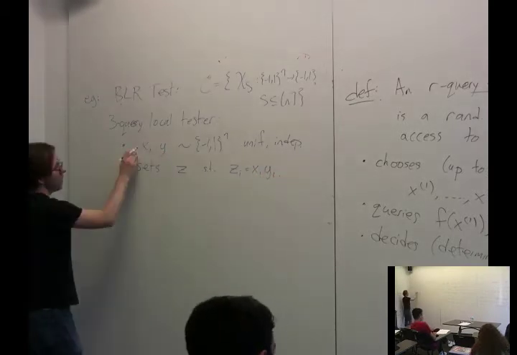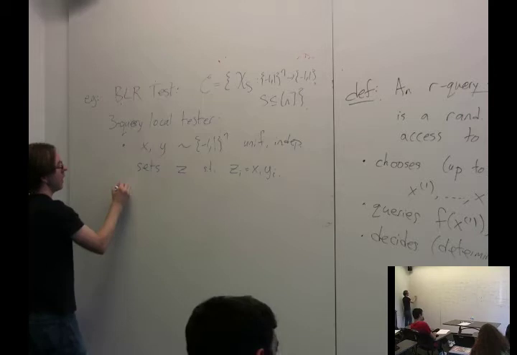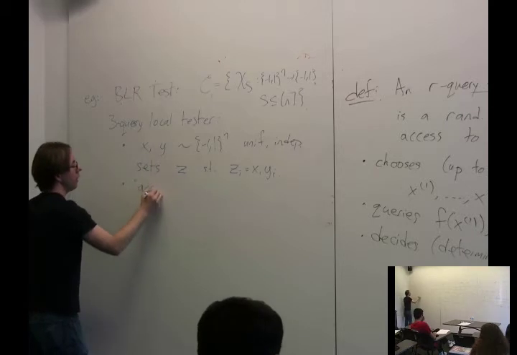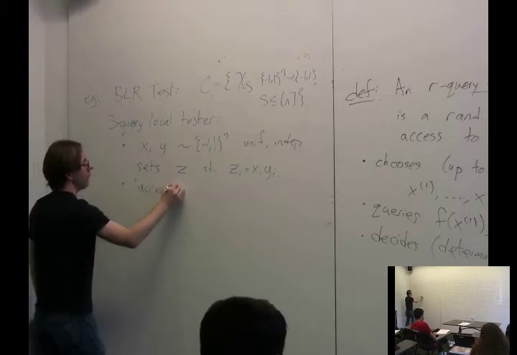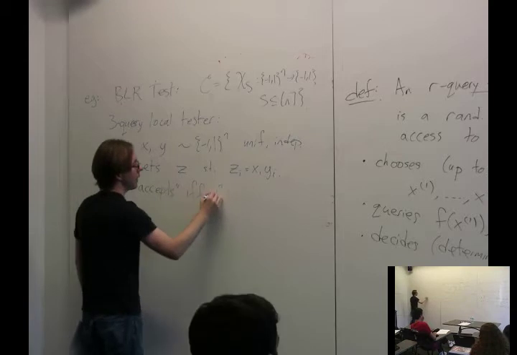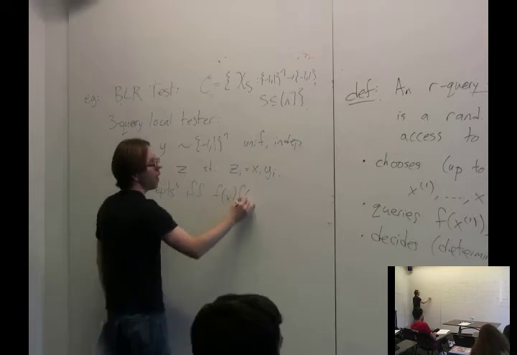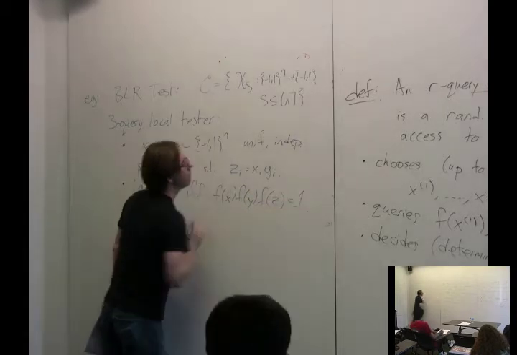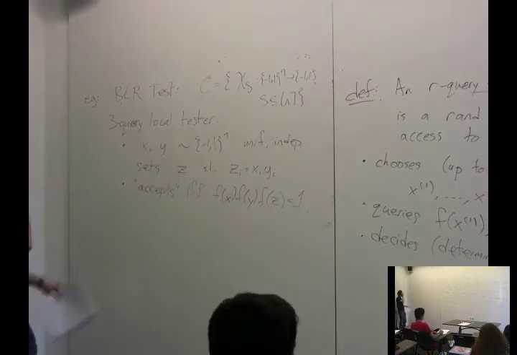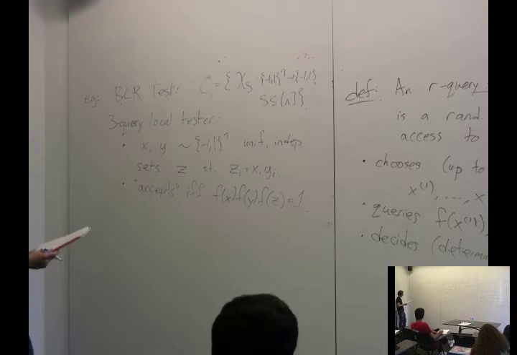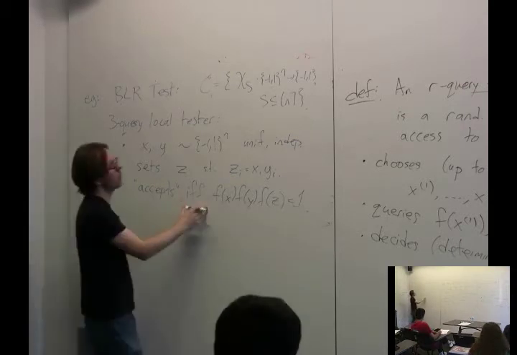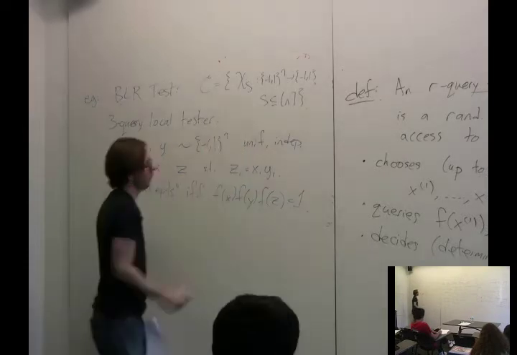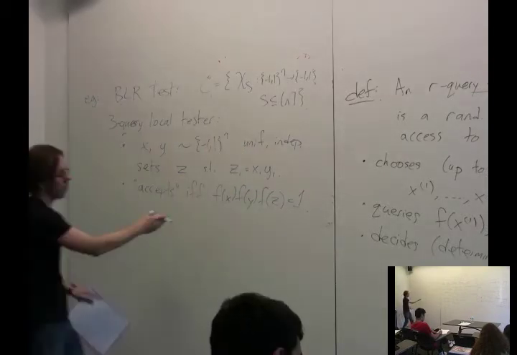Then it queries f(x), f(y), f(z), and it accepts if and only if f(x)f(y)f(z) equals 1. So this is a test that will pass with probability 1 if it's really a parity, because this will all cancel out.